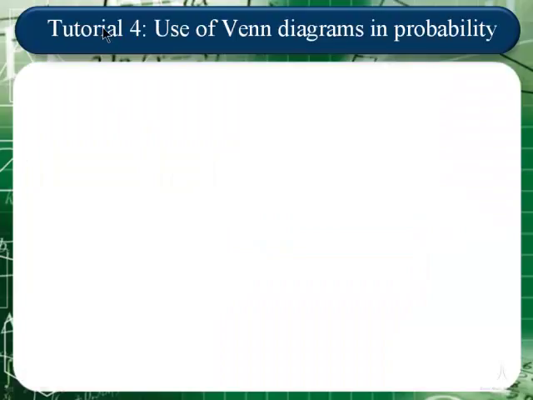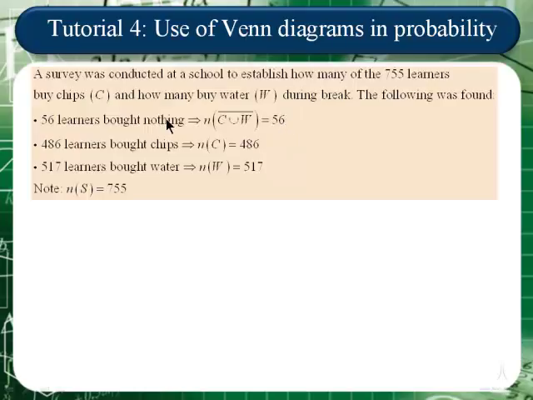We're now in a position to tackle the 4th tutorial, tutorial 4, in which we use Venn diagrams to solve probability problems. A survey was conducted at a school to establish how many of the 755 learners buy chips, which we will indicate by C, and how many buy water, which we will indicate by a W, during break. The following was found. 56 learners bought nothing.